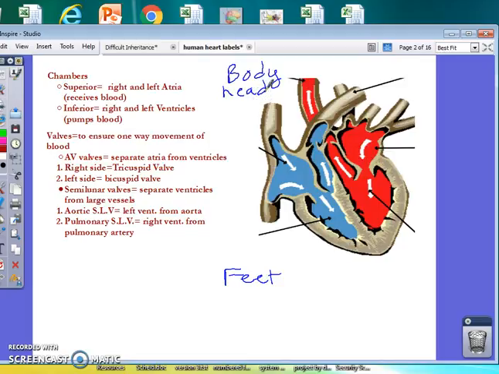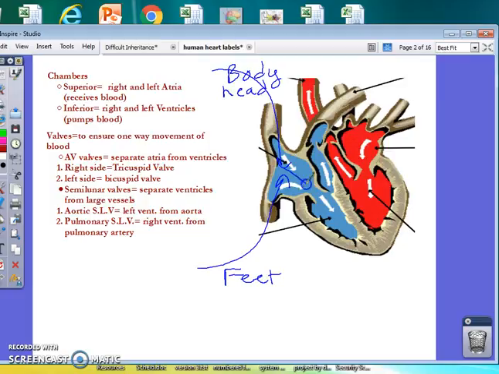But once your body is done using the oxygen in the blood, we have to send that blood back into the heart, both from above and below, so that it can get pumped to the lungs to pick up oxygen.